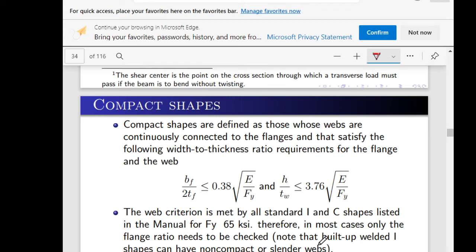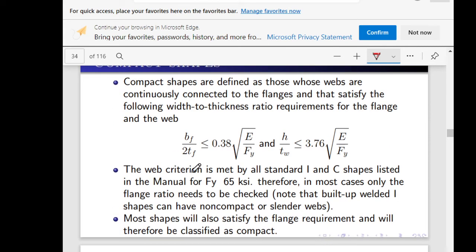So most of the time, the web criterion has been met by all the standard I and C shapes listed in the manual, for Fy less than or equal to 65 ksi. So therefore, in most cases, only the flange ratio is checked.